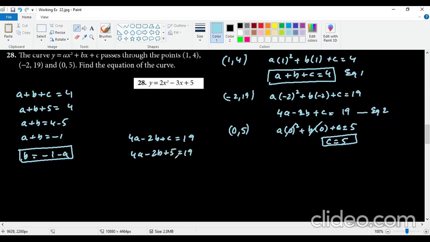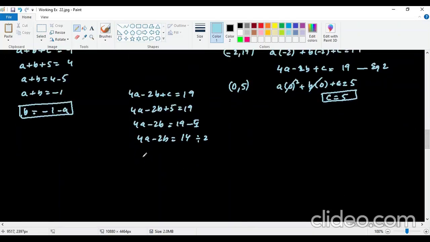So 4a minus 2b equals 19 minus 5 actually. So 4a minus 2b will be equal to 14. Dividing both sides by 2 is going to give us 2a minus b equals 7. This is the value from the second equation.